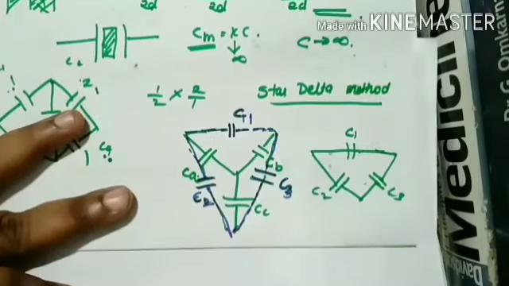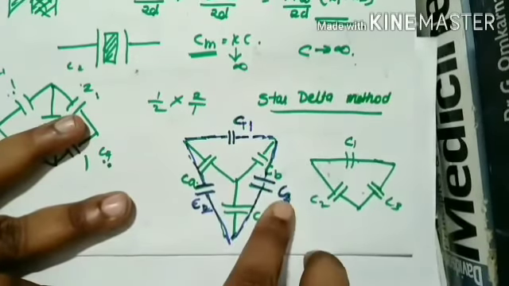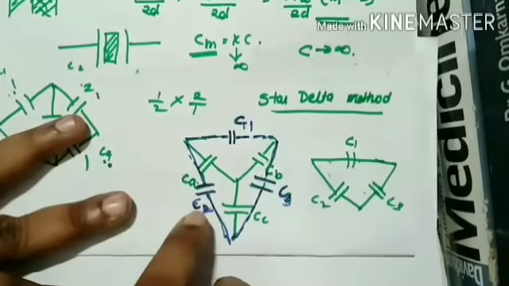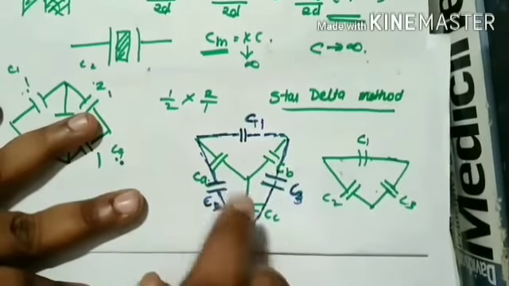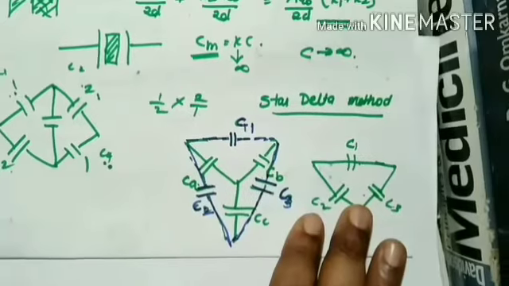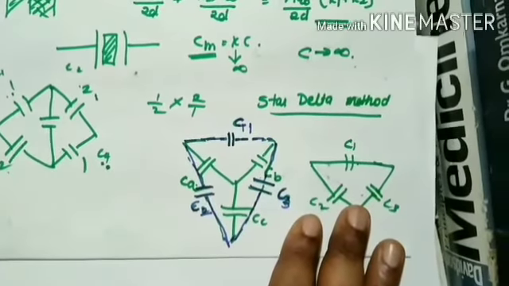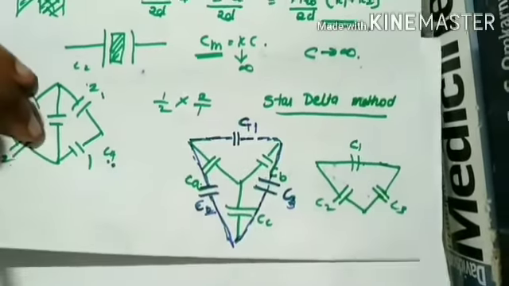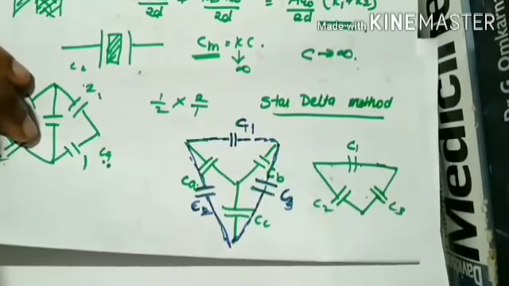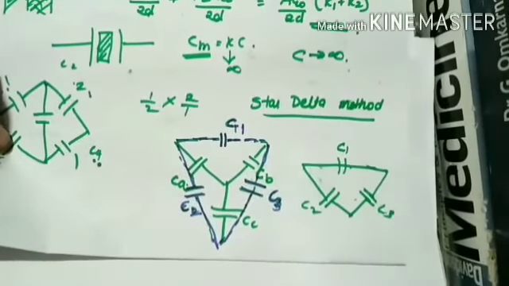Clear? C1 is the equivalent for CA and CB, C3 is equivalent for CB and CC, and C2 is equivalent for CA and CC. Guys, just understand the law and know how to write the equation. The derivation is a very long process. You need not memorize the entire thing, you just require a short trick for solving the problems.